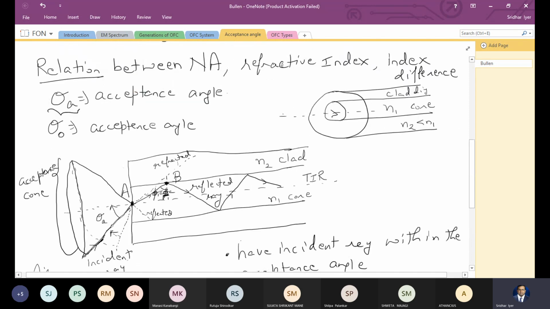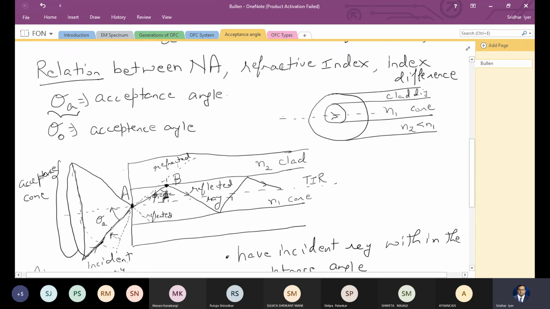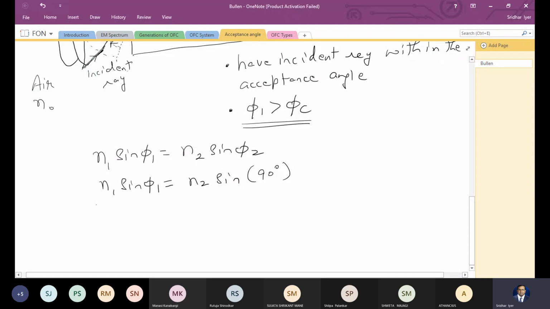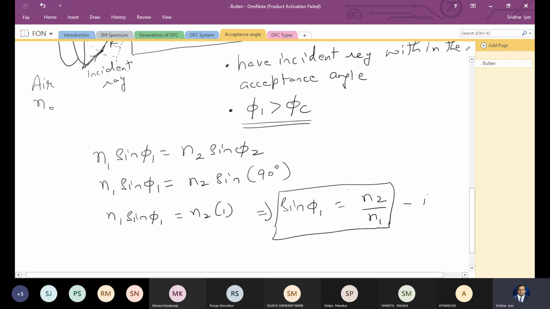You can see in the diagram that this angle here will be 90 degrees. Therefore, from this equation, N1 sine phi 1 becomes N2 into 1, which implies that sine phi 1 is N2 divided by N1. Let us call this equation 1.